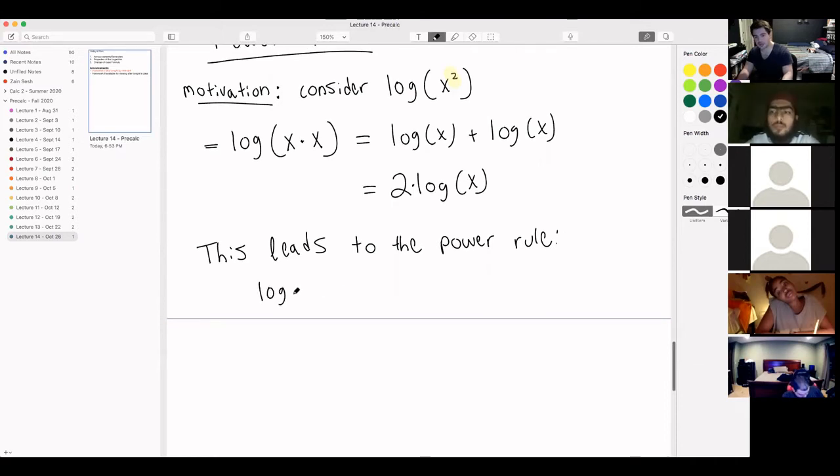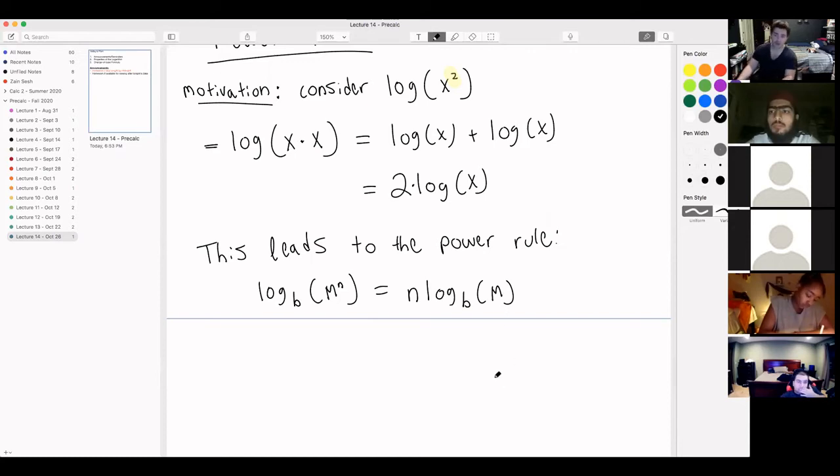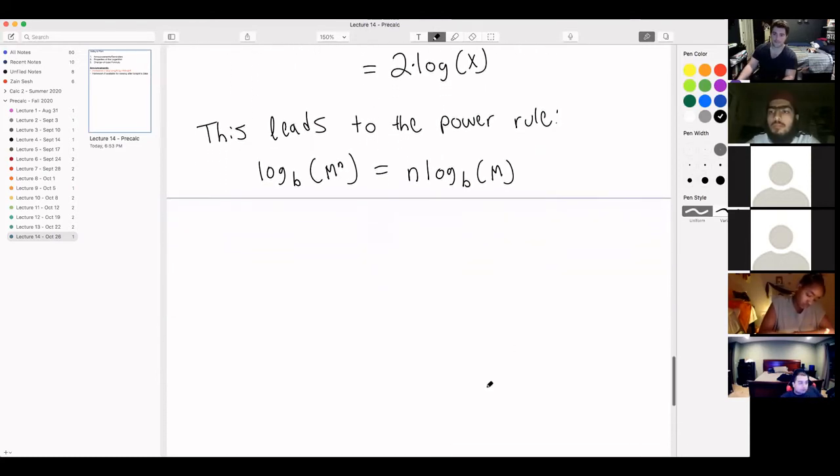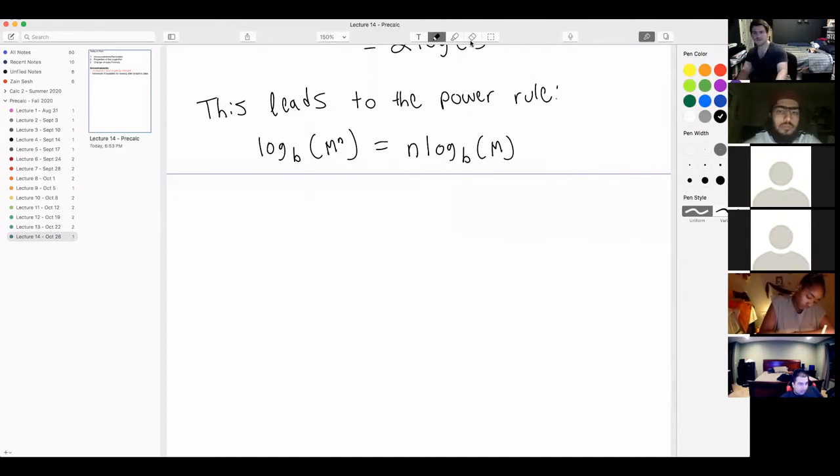Log base b of m to the nth power is the same as n times log base b of m. I hope everyone sees what's going on here. Really, you just bring the exponent in the input down as a coefficient. That's what this rule is. Also very useful and very nice.